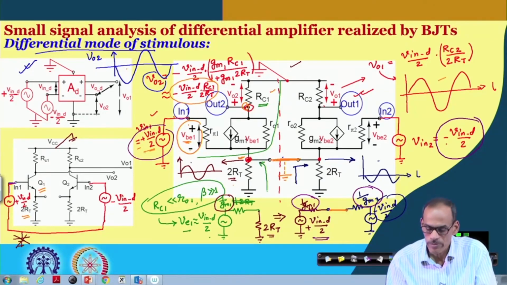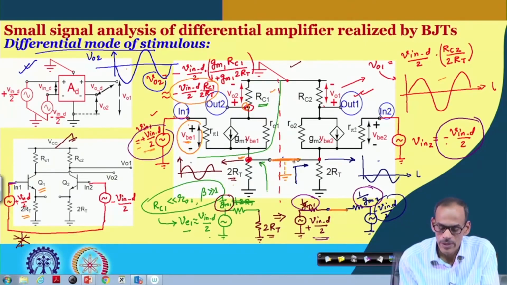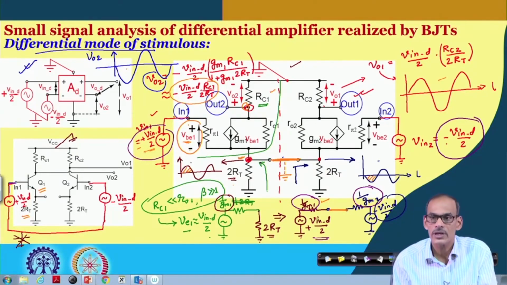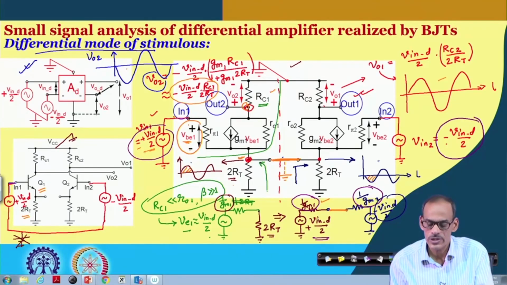Now, the moment we make this connection, this signal and this signal cancel each other, particularly since their phases are opposite, amplitudes are equal, and their Thevenin equivalent resistances are also equal.